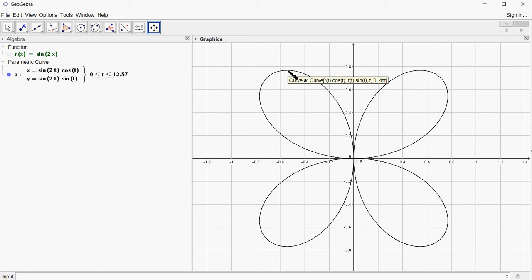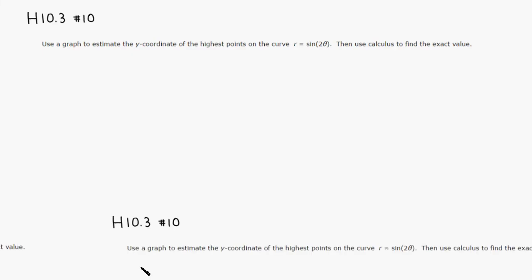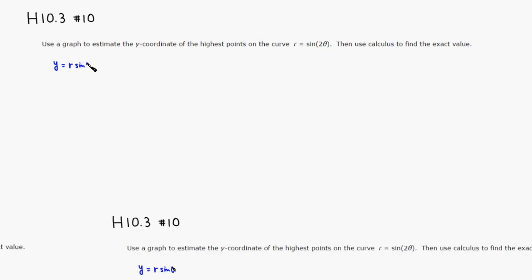In order to find the highest point, maybe we should look at the y value and look for the critical number. So let's do that. The y value is r times sine of theta.